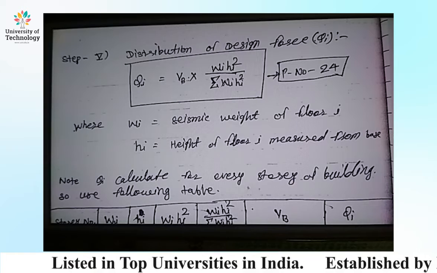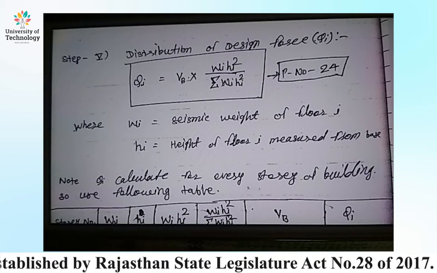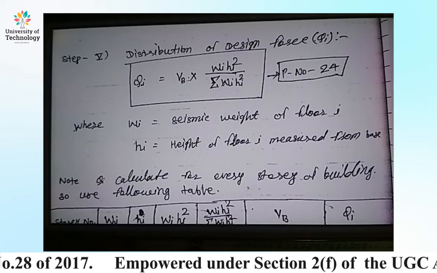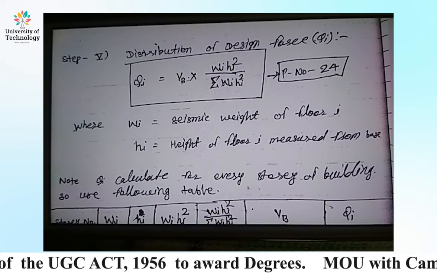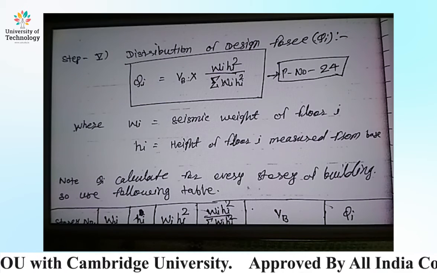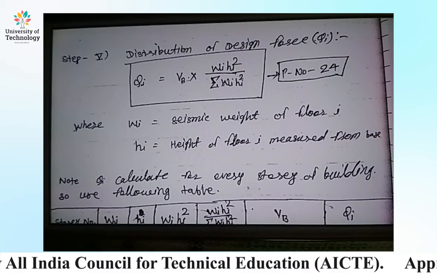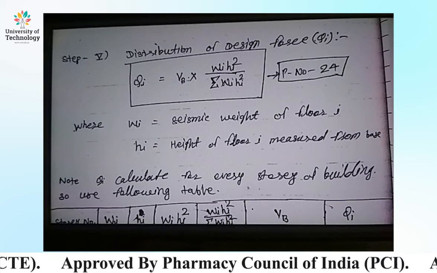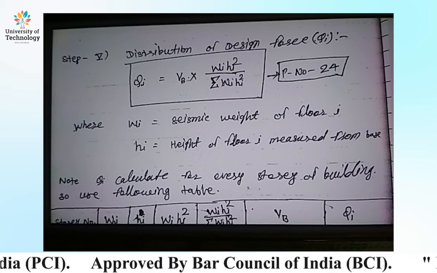If we are talking about the first floor, i will be 1. If we are talking about the second floor, then it will be 2. And what is hi? hi is the height of floor i, such as 1, 2 or 3 and so on, measured from the base. Keep in mind that it is measured from the base.